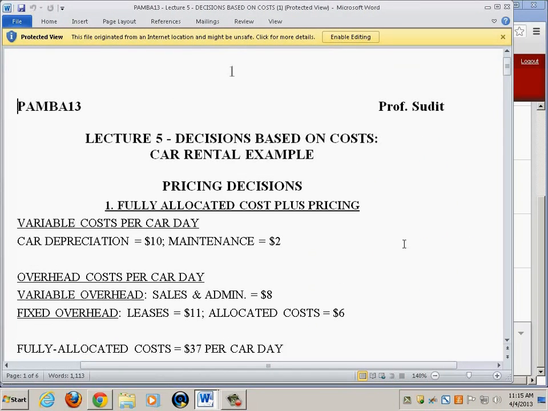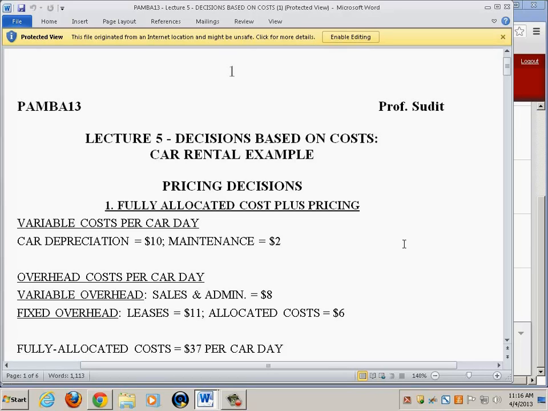Okay, the subject we're going to cover today and on Tuesday is a very important one: the issues of making decisions based on costs.